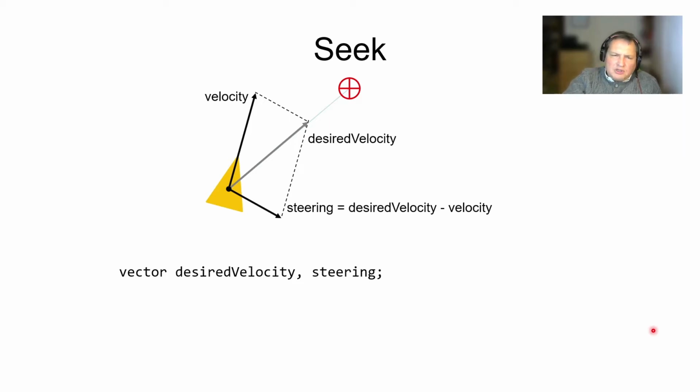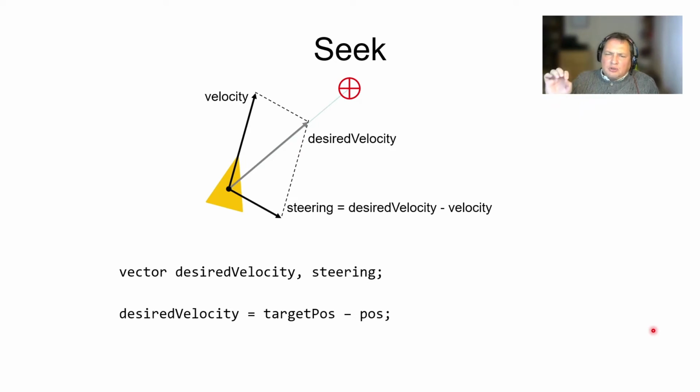Now, desired velocity can be calculated as the relocation vector or the relative position of the target in relation to our current position. So it's target position minus position, where the position is the position of the agent.